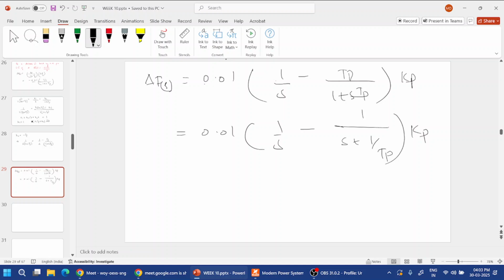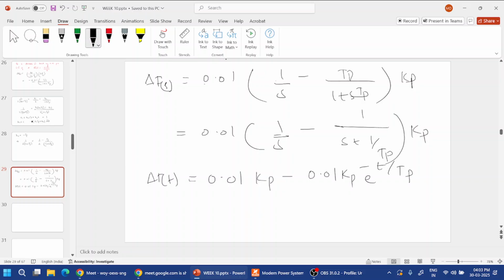I hope it is understandable right now. So del f(t) will be 0.01 Kp minus 0.01 Kp e raised to the power minus t by Tp.